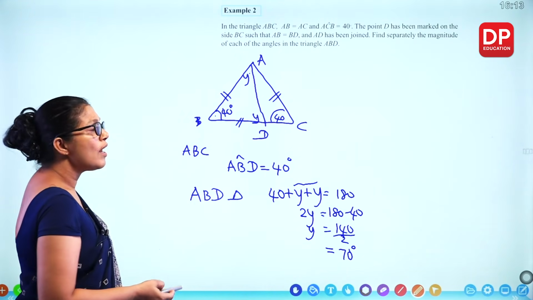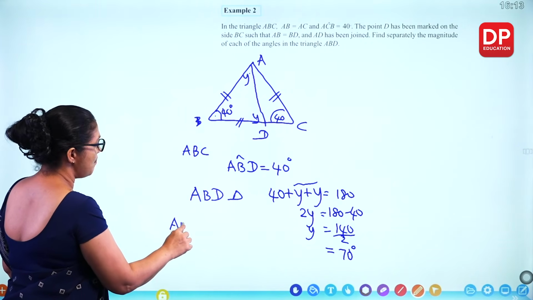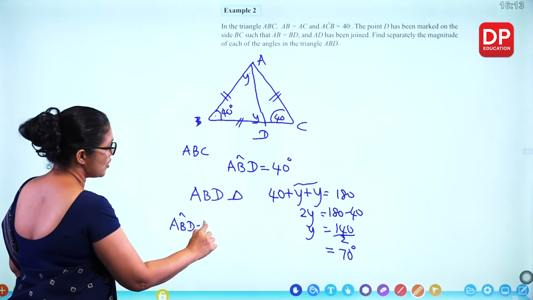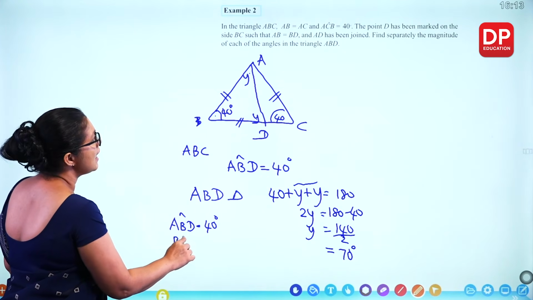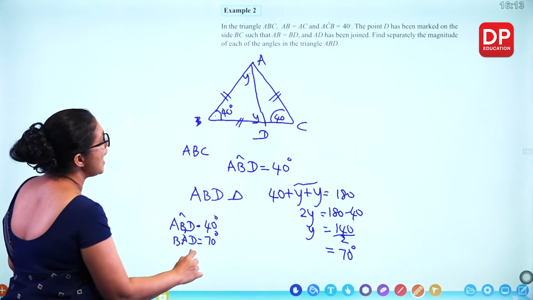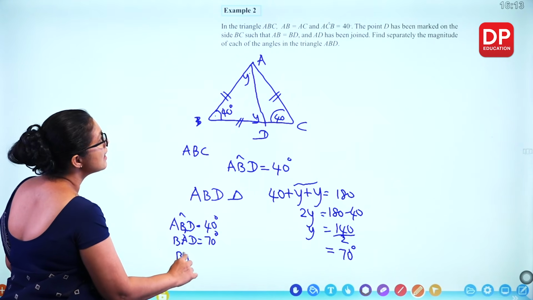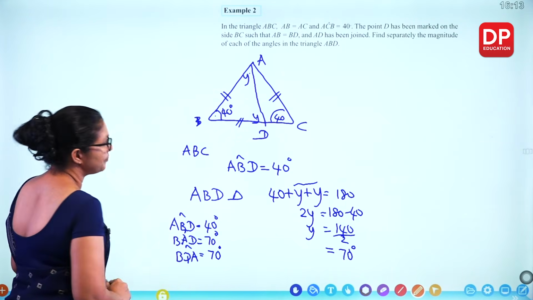So now we have all angles in ABD. So what are those? We can write ABD angle is 40 degrees, BAD angle is 70 degrees and BDA angle is 70 degrees.